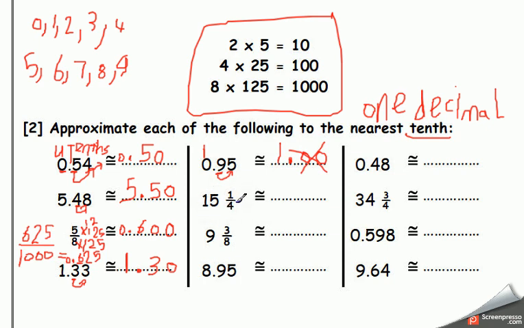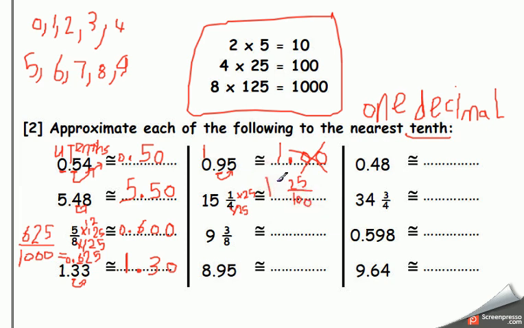Yes, this is a mixed number, mister. What can I do? The first step, you should convert it to decimal numbers to help you approximate to the nearest tenth. I have 4 in the denominator. What is the brother of 4? The brother of 4 is 25. So I should multiply by 25 up and down. 1 times 25 is 25. 4 times 25 is 100.